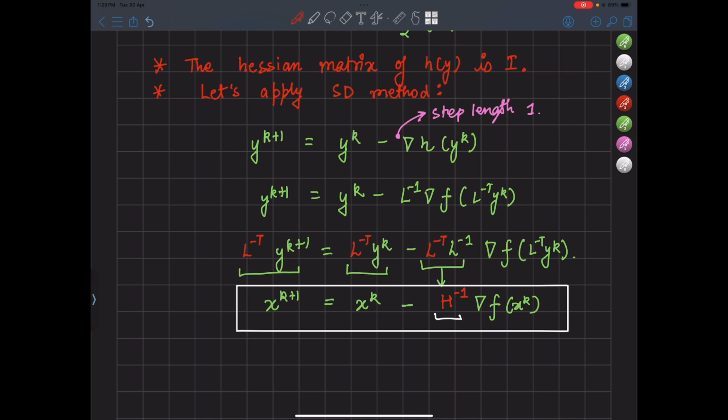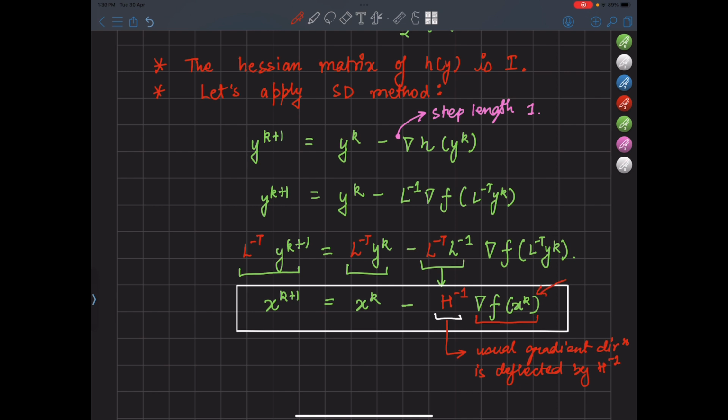And what this means is the usual gradient direction is deflected by H inverse. So it's just a rotation by H inverse that is applied to this gradient direction.